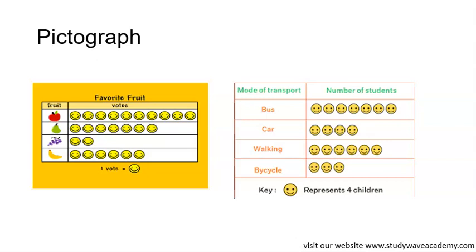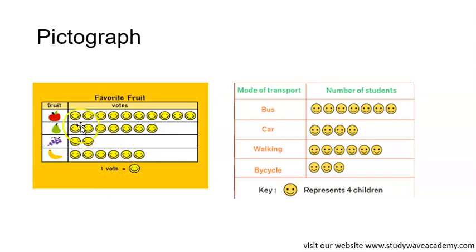Okay? So if you collect data of favorite fruit from different persons, like we have the apple, mango, grape, banana. Each smiley face means one vote.